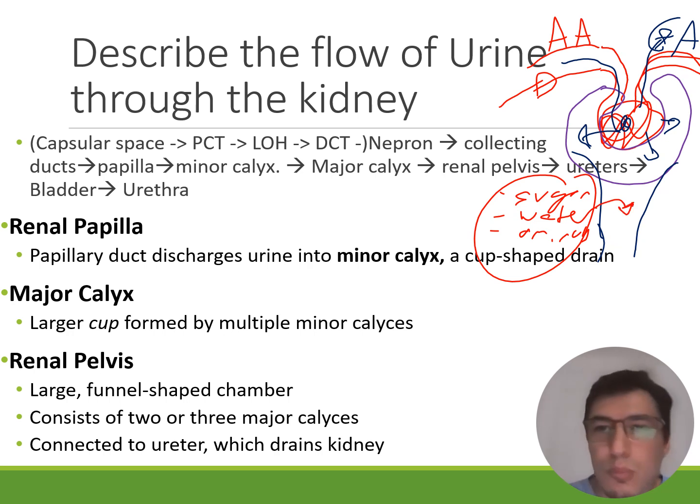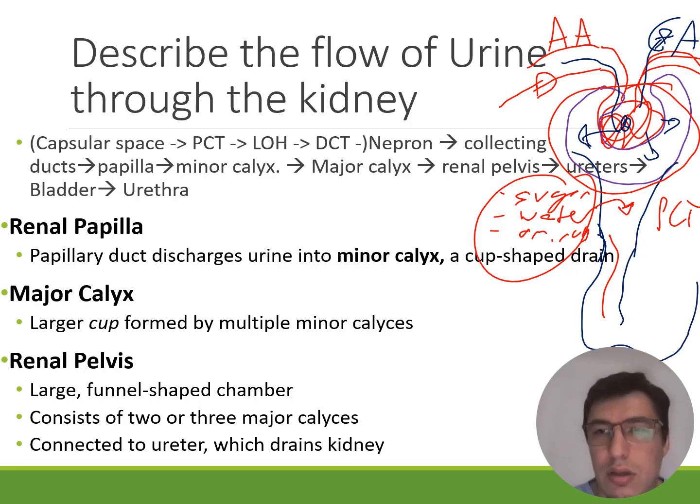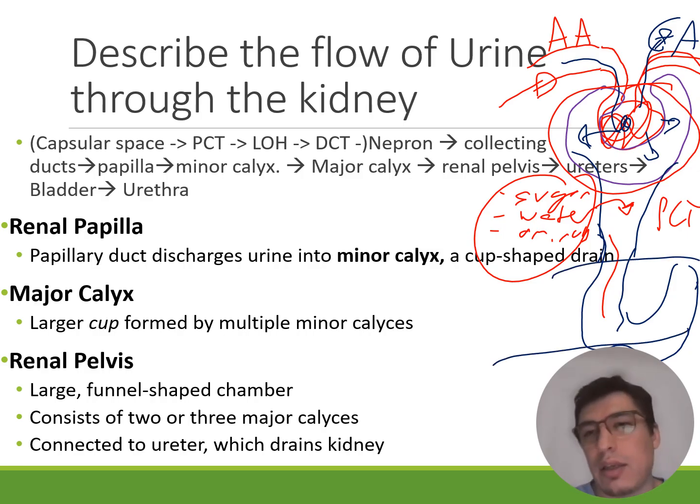Okay. So as it comes down, we call this first portion of this section the proximal convoluted tubule, and that is because it is closest to that corpuscle. All right, it is closest. And as we go down, we continue. Sorry, let me just continue the same color. We're gonna then go into a loop, and that loop is what we call the nephron loop or the loop of Henle.